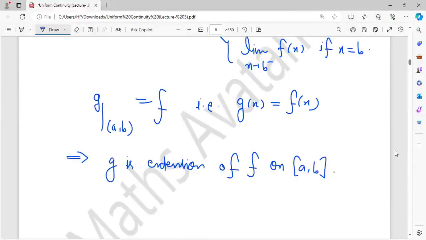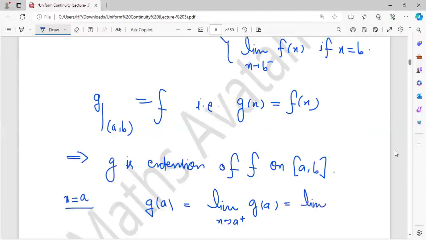If g is continuous, what is the definition of continuity? Let's check whether g is continuous at x equal to a. We have to check if g(a) is equal to the limit as x tends to a plus of g(x). A plus means we are approaching a from the right, so we are in the open interval, but in the open interval (a, b) it is nothing but the function f(x).